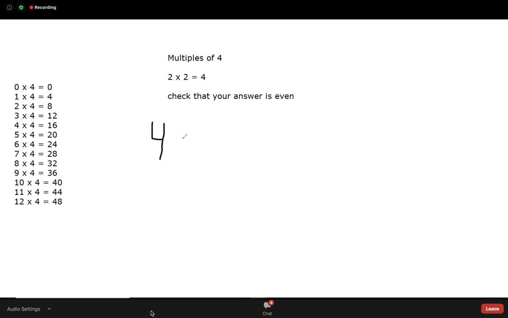Okay, in the meantime, we're going to try another problem. Let's try 4 times 17. I think 7s are always tough. So go ahead and give 17 times 4 a shot, put your answer in chat, and we'll see how everybody's doing.